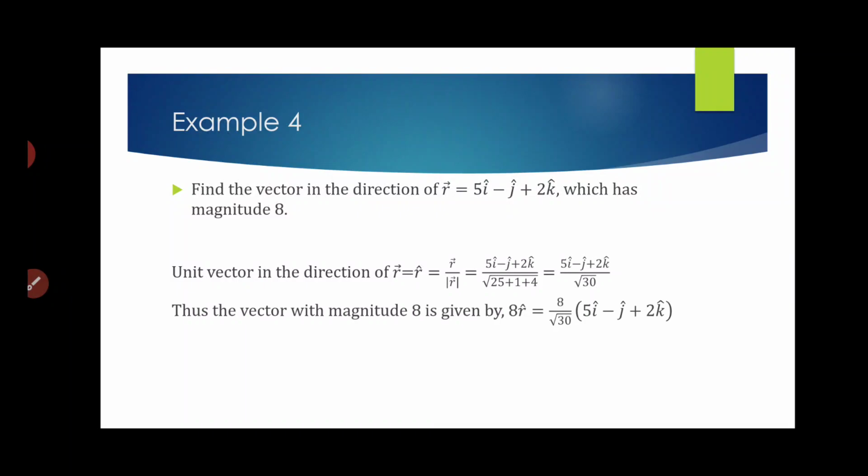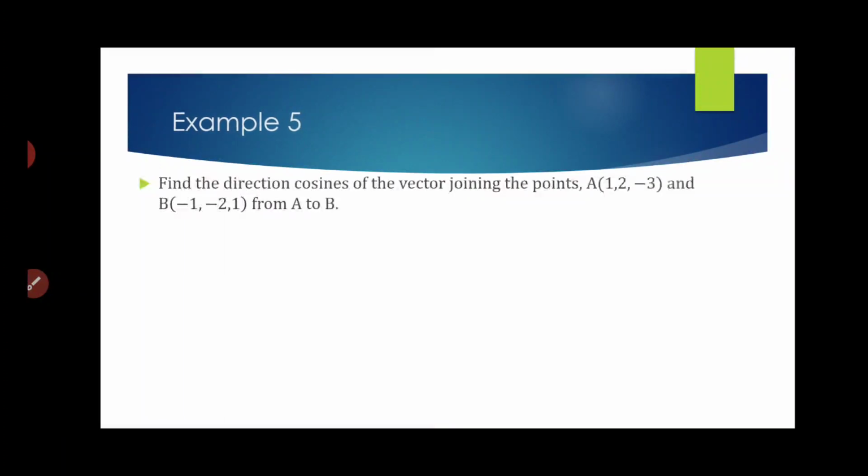Fine. Number 5. Find the direction cosines of the vector joining the points A (1, 2, minus 3) and B (minus 1, minus 2, 1) from A to B. So here it is mentioned that A is the initial point and B is the terminal point.